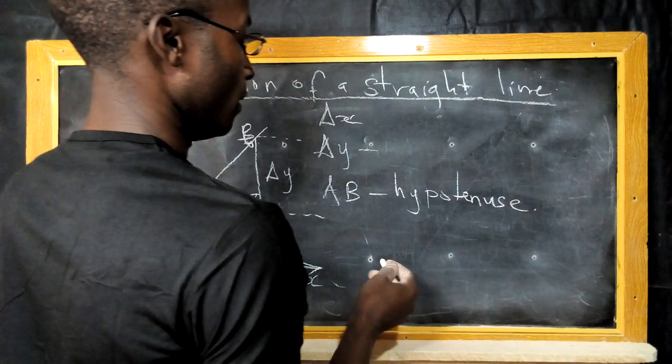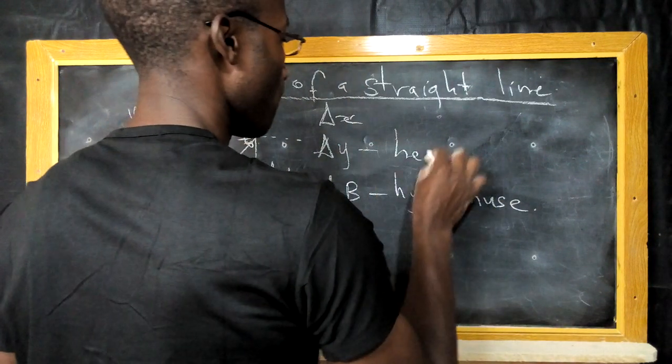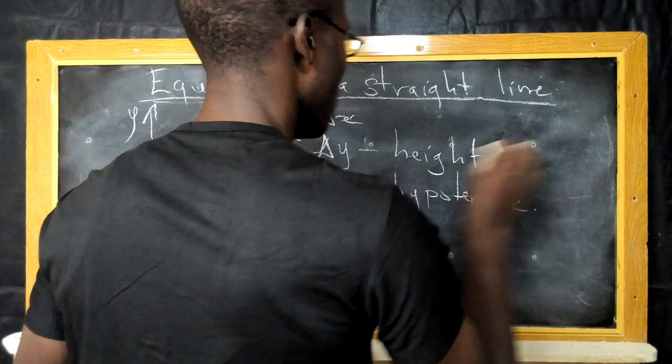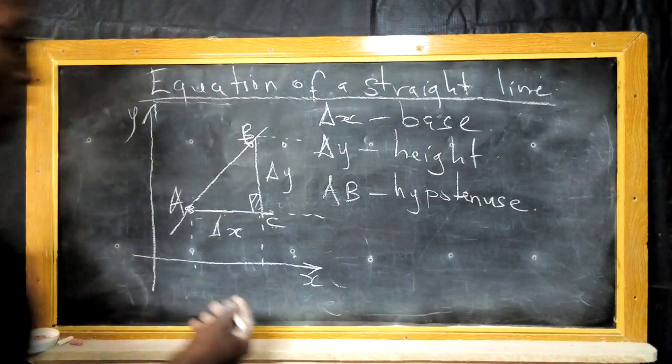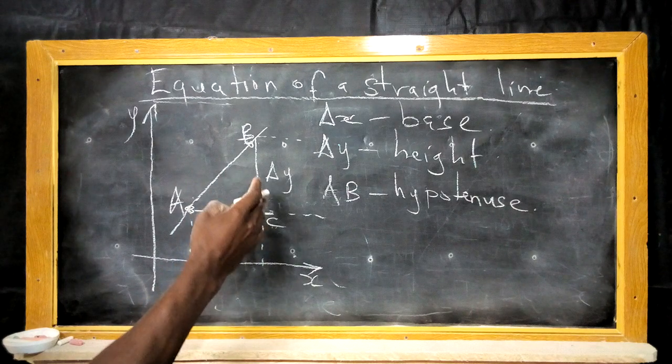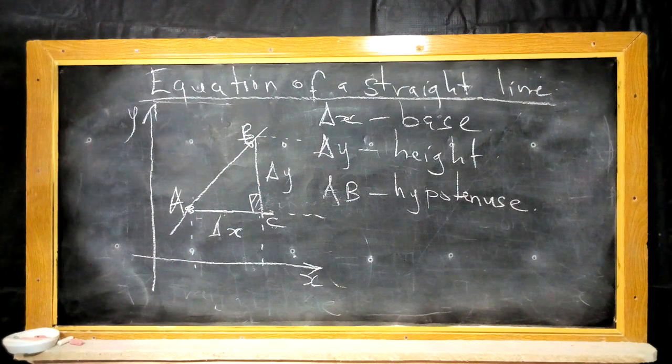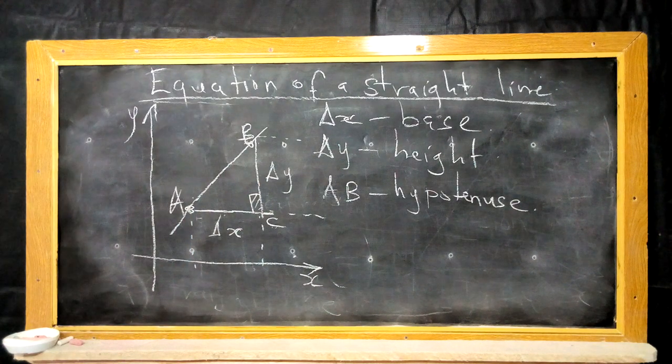This is known as the height, and this one can be referred to as the base. That is the base of the triangle, the height of the triangle, and the hypotenuse of that right triangle. I hope those specific terms are okay.